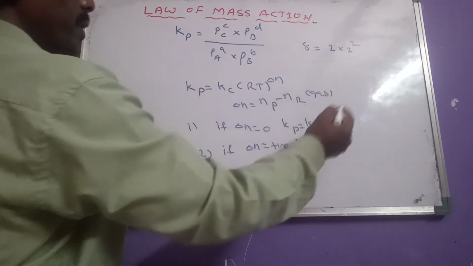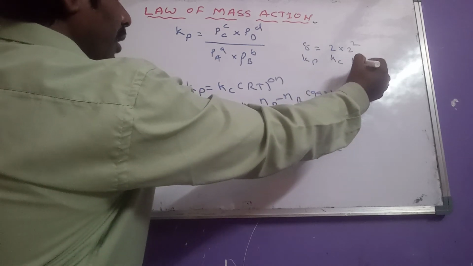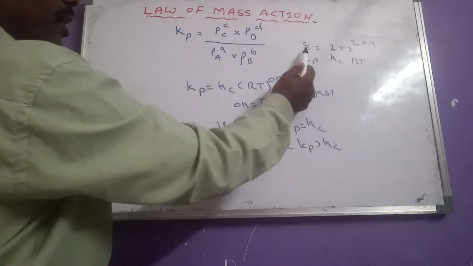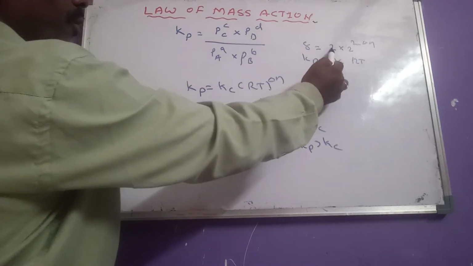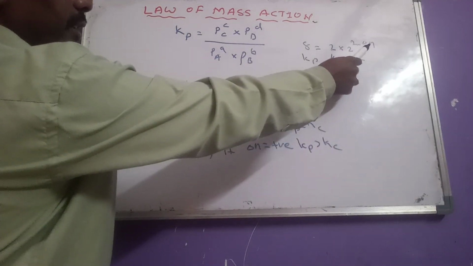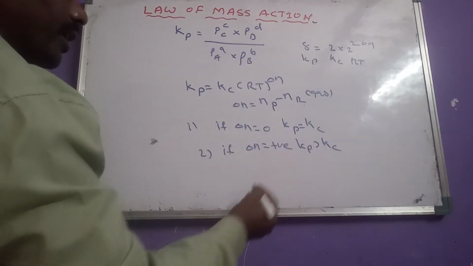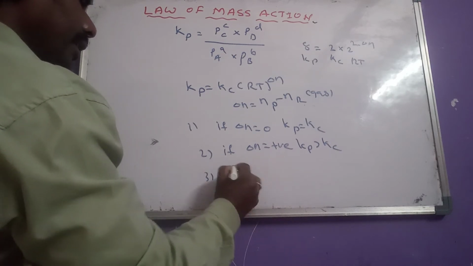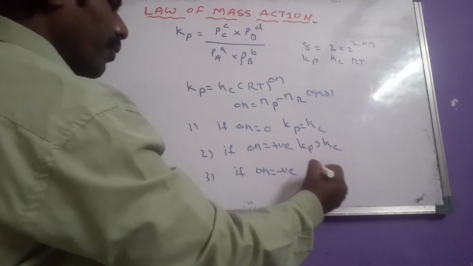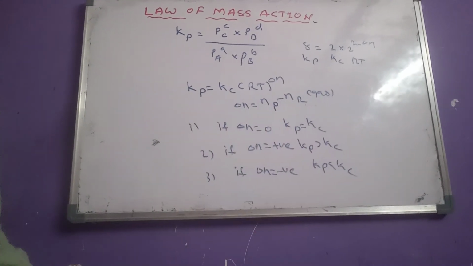Here delta N is positive. Compare this with Kp, this with Kc, this with RT, and this with delta N. Now 2 power 2 is 4, 4 twos are 8. That means if delta N is positive, Kp is greater than Kc. If delta N is negative, it is the reverse: Kp is less than Kc, or this can be written as Kc greater than Kp.